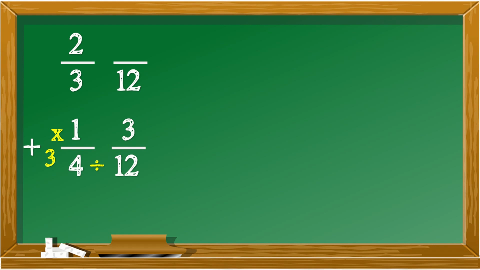Next, the 2/3. 12 divided by 3 is 4, and 4 times 2 is 8. The new fraction of 2/3 is 8/12. So 8/12 and 3/12 are now similar fractions. We can now add them.